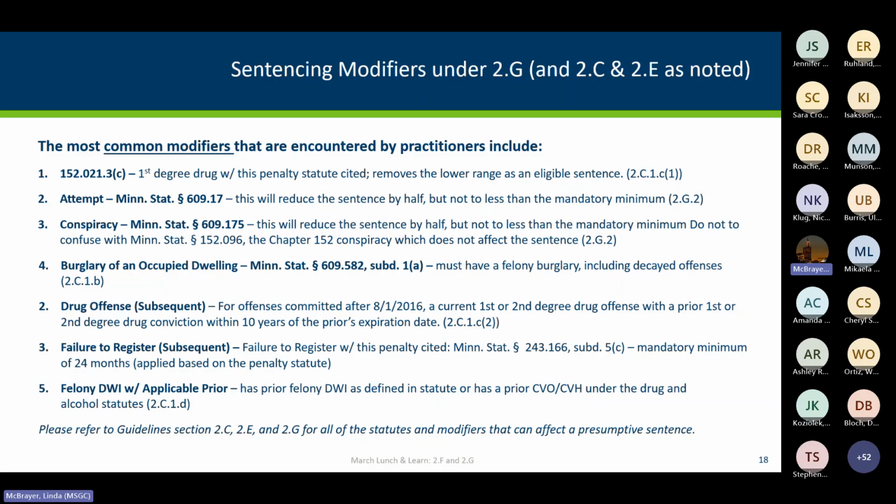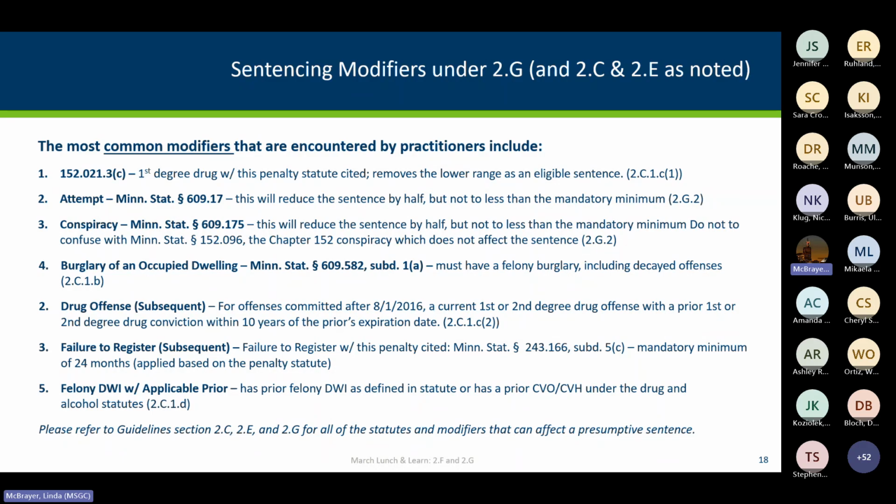But if 3(c) is not the penalty statute, don't add it. You get a pop-up on EWS that says the penalty statute may require an additional modifier. Make certain you only apply it when the modifier is 3(c).